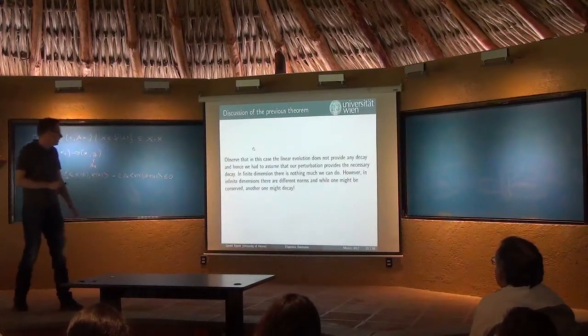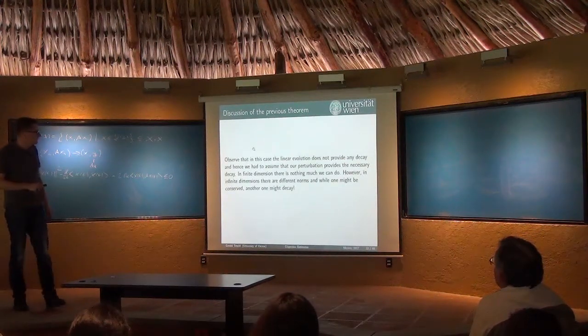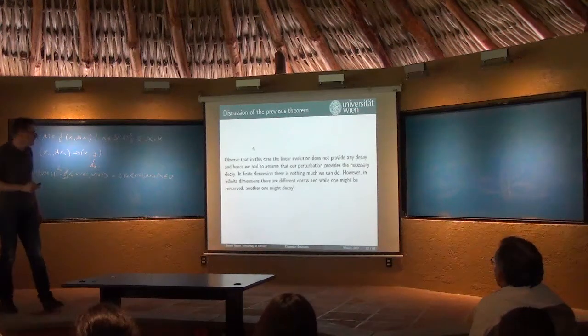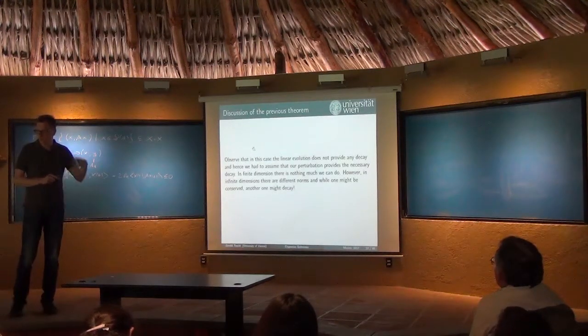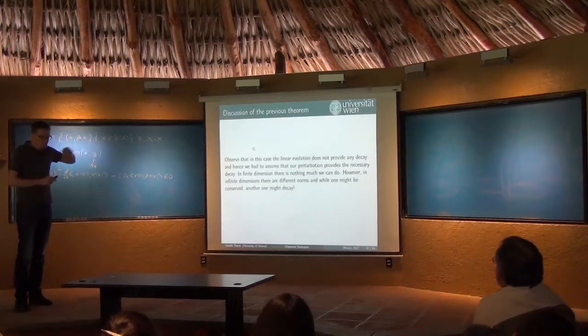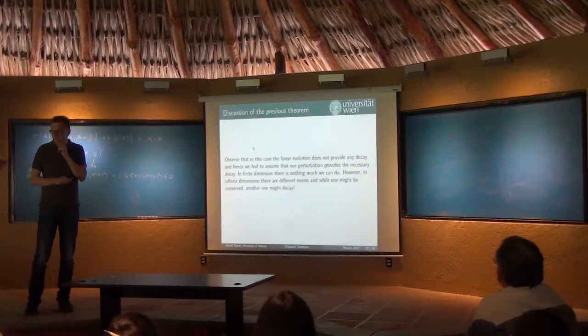Okay, so observe that in this case, that's the important thing, you do not get anything from the decay of the solutions for your linear equation, but we needed to assume that the decay comes from our perturbation for our result to work. And actually for ODE, this is the end of the story, but for PDE it is not.